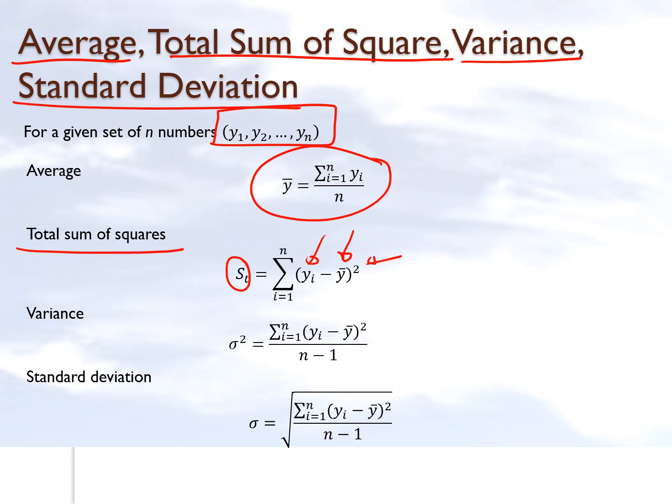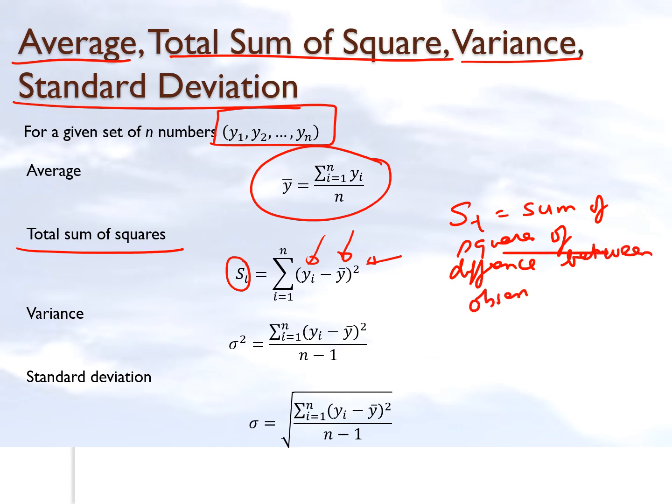Sometimes this is also called sum of squares total, but we should call ST, to be better, the sum of squares of difference between observed and mean value.